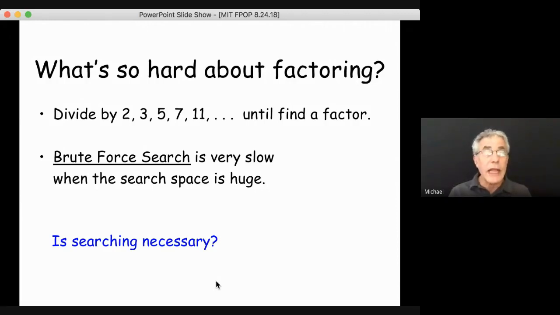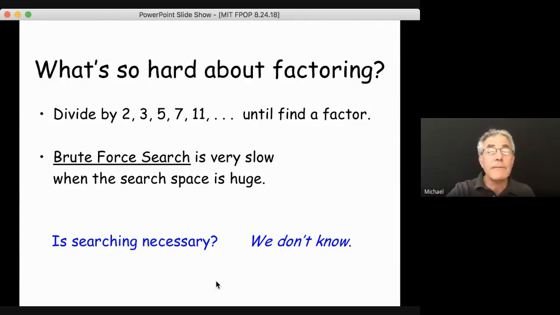So we want to know, is searching really necessary? Or maybe there's some way to avoid the search and solve the problems more quickly. That's a fundamental unsolved question in mathematics. Whether searching is necessary to solve the factoring problem is something we just don't know the answer to.